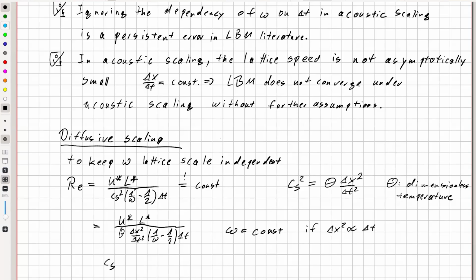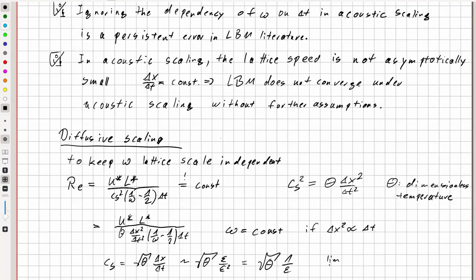And for CS, this now means this is square root of theta dx divided by dt, so proportional to theta epsilon divided by epsilon square, which of course is square root, sorry, what I'm doing, 1 over epsilon.